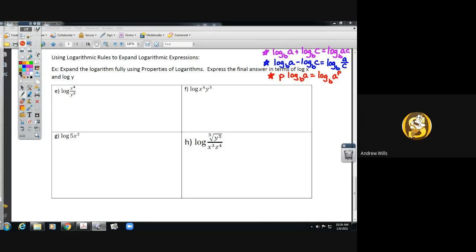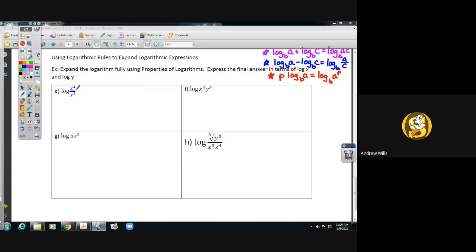When we look at this first logarithm and we're supposed to be expanding it, the idea is to break that expression up and write it in terms of log of x and log of y. So what we have to recognize is we have to see the division.